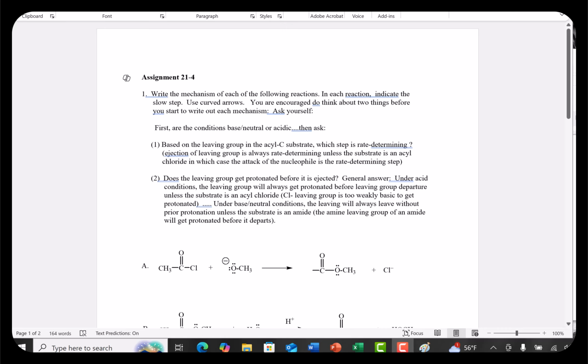Base or neutral, well, I've got to be careful generalizing. There are fewer steps in that. Under acid conditions, that's basically an acid catalyzed process. And in an acid catalyzed process, hydrogen ion attacks early, and then in the very last step, it breaks off.